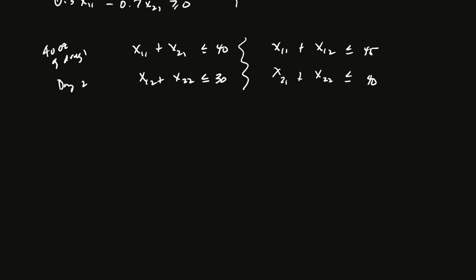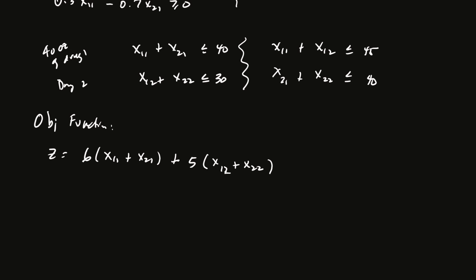So the LP, the objective function, is we want z equals $6 times drug 1, which is x11 plus x21, plus $5 for drug 2, which is x12 plus x22.